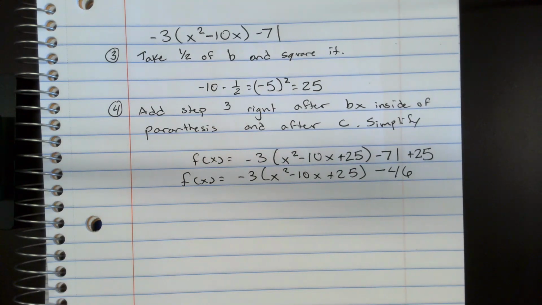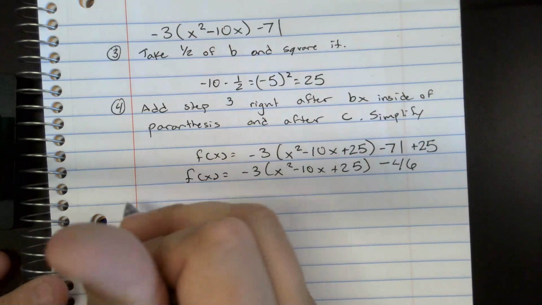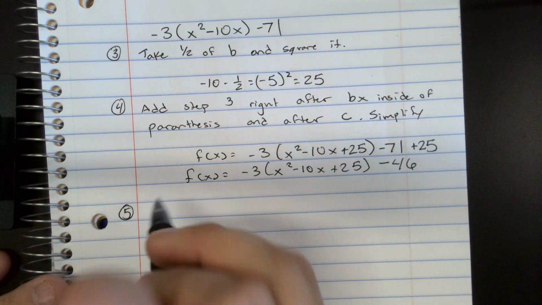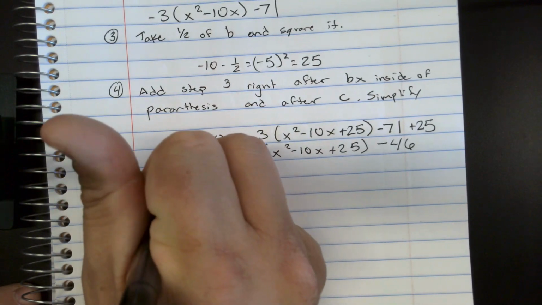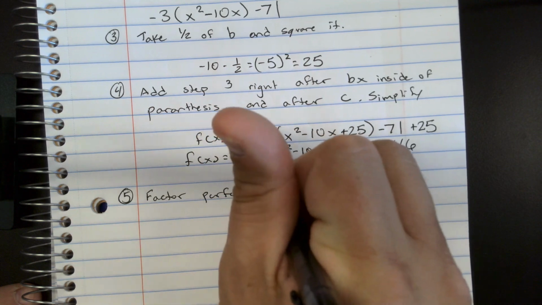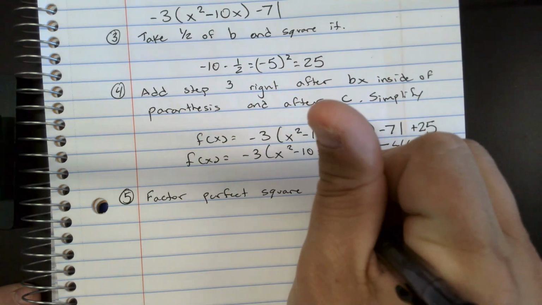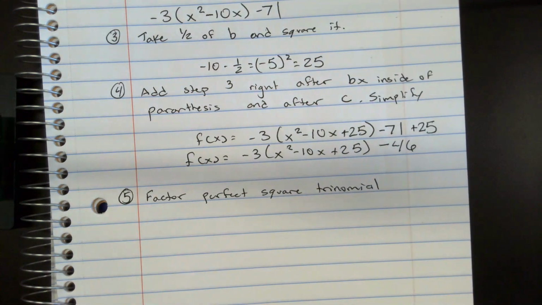We're close. Step 5. Factor the perfect square trinomial.